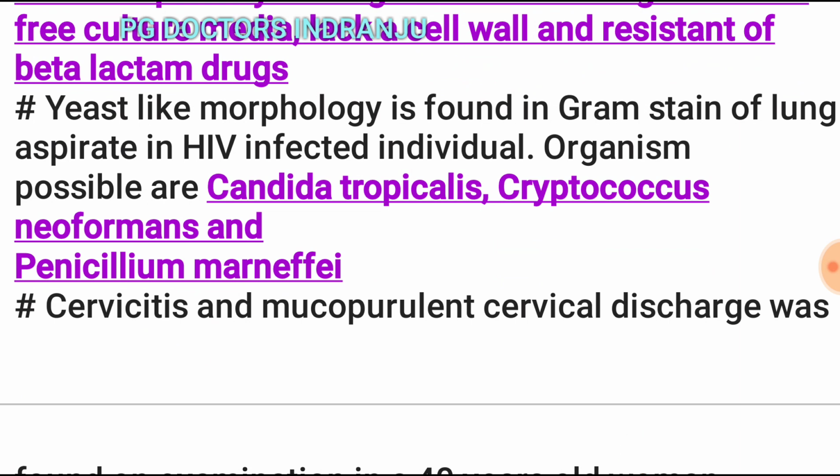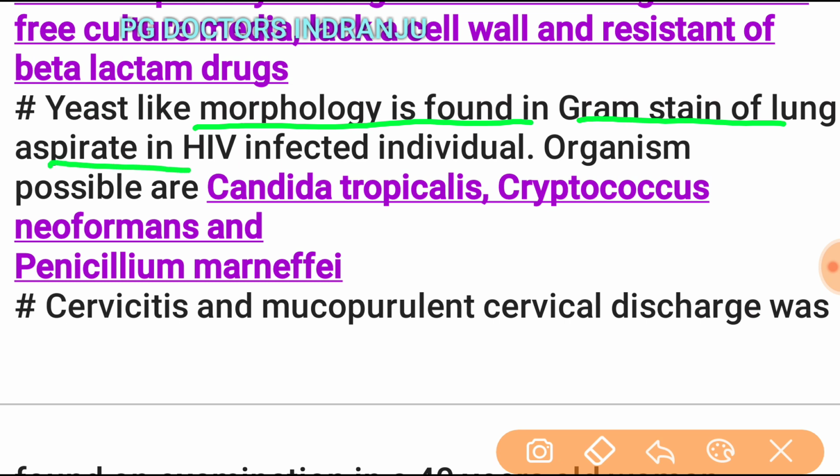Yeast-like morphology is found on Gram stain of lung aspirate in an HIV-infected individual. The organism is possibly Candida tropicalis, Cryptococcus neoformans, or Penicillium marneffei.